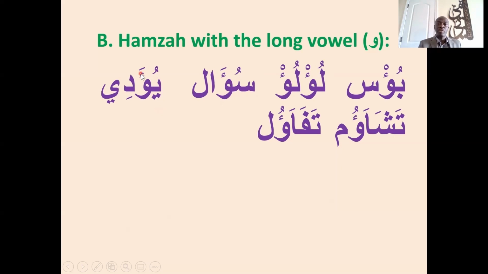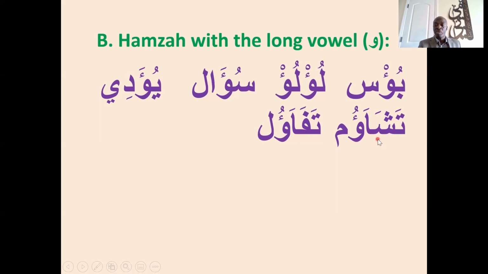Yu'addi, also we take a look at the hamza. The hamza has the fatha, and the letter before the hamza has the dhamma. The dhamma is stronger than the fatha, so the seating for the hamza must be the waw, due to having the dhamma on the letter that precedes the hamza.